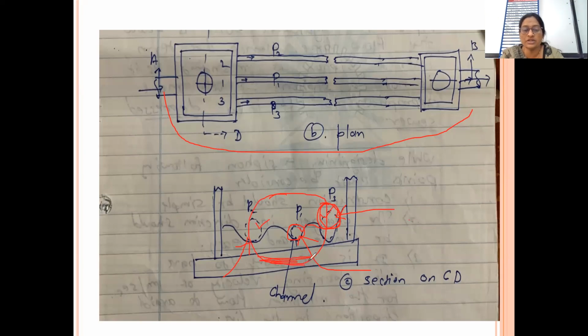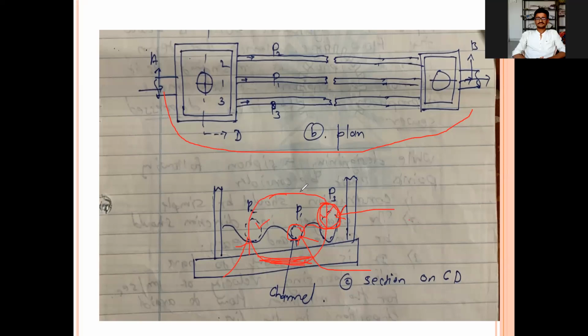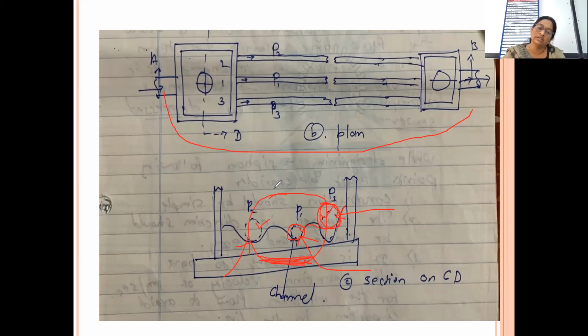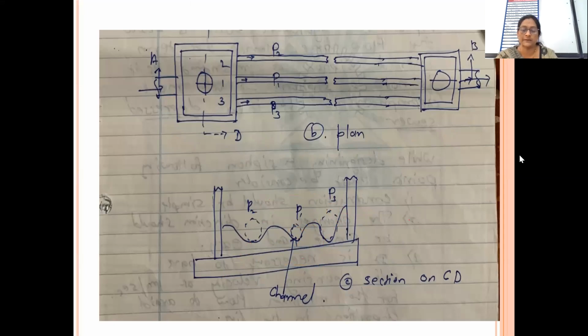So minimum velocity of flow will not get satisfied with this diameter of the pipe. That's why we have to go for the 3 different pipes. This way, minimum velocity of flow will be satisfied in the respective pipe, and there will not be sedimentation. Okay, so that's why we can go for 3 different pipes.